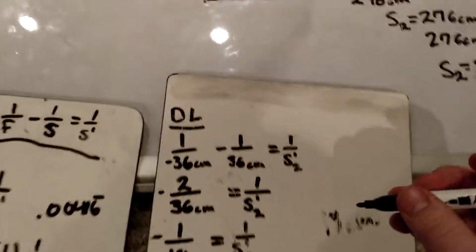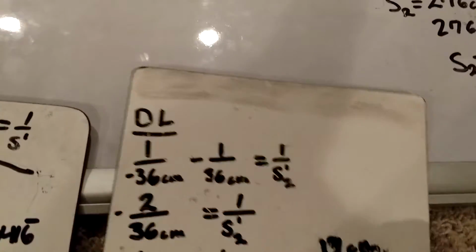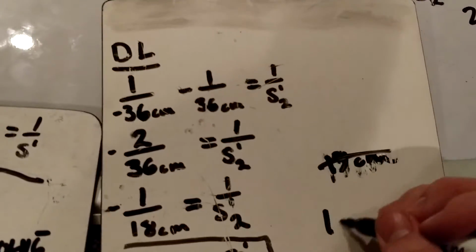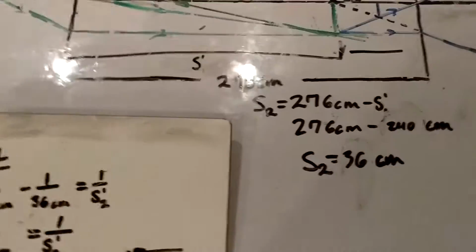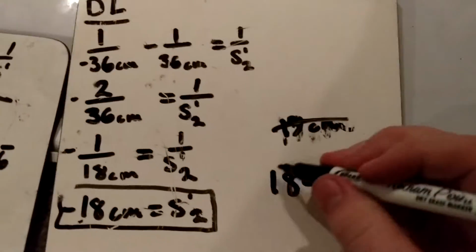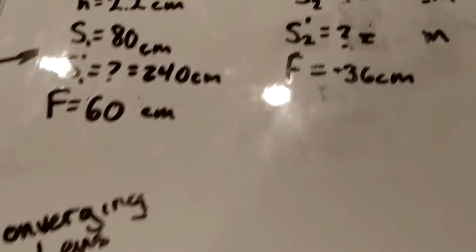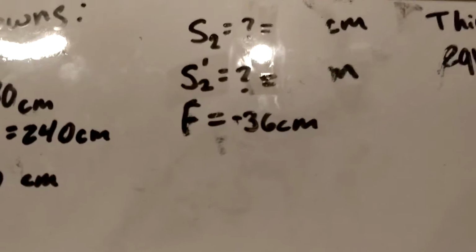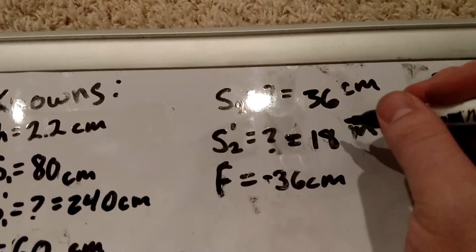Or essentially, overall, 18 centimeters, which is our answer for A. So let's see, 36 was here, 18 was here.